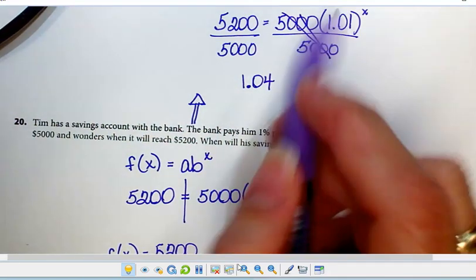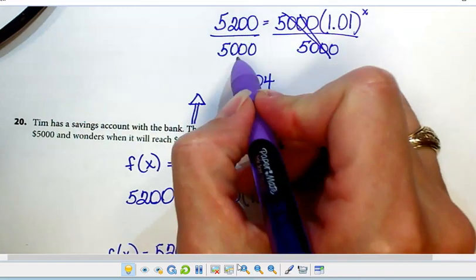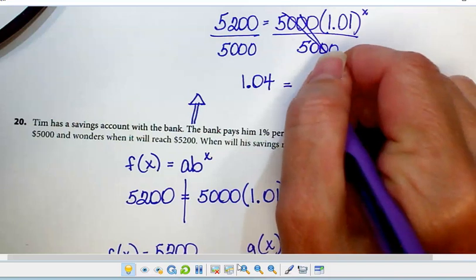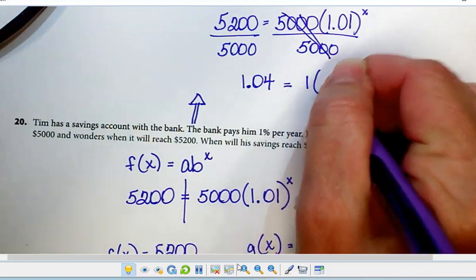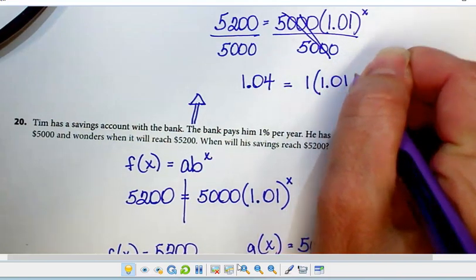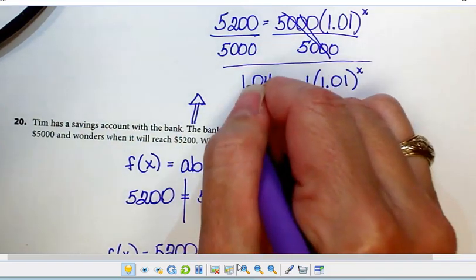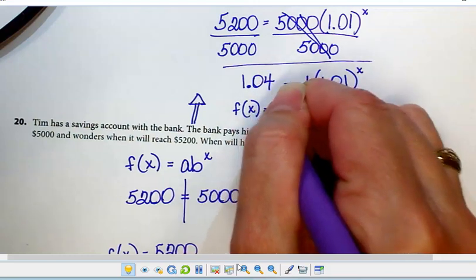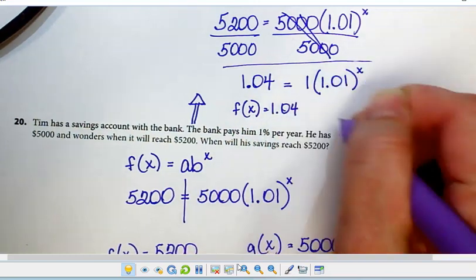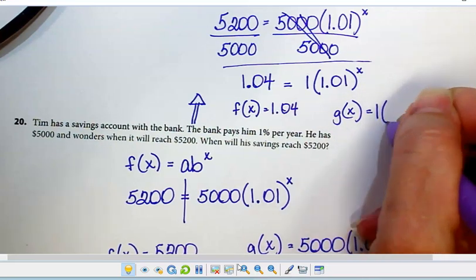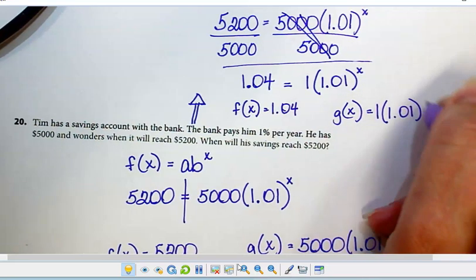Okay. So now this divided by this gives me 1.04. That canceled out over there. And I really just have like 1 times 1.01 to the x. I can do it this way and say f of x is equal to 1.04 and g of x is equal to 1 times 1.01 to the x.